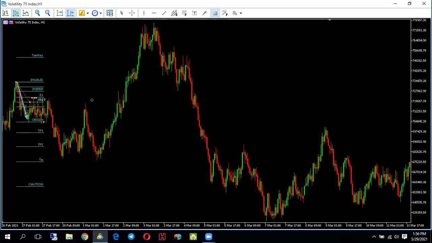And then you observe that from my E1, this is TP1 getting it. This is TP2 getting it. This is TP3 getting it. How amazing is that?